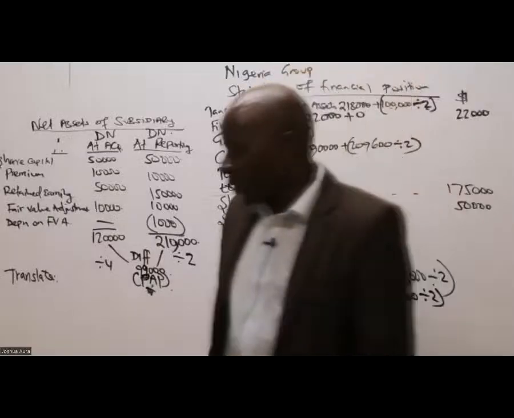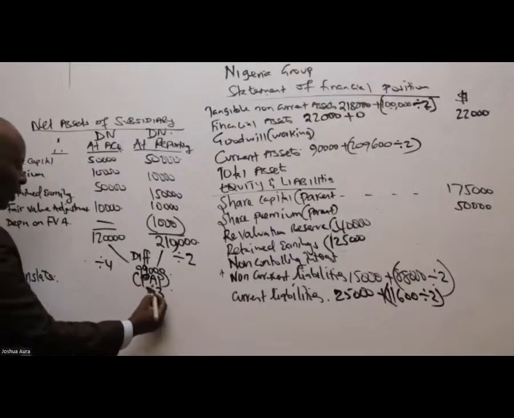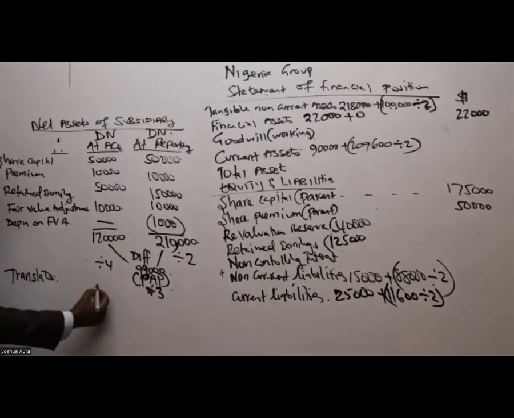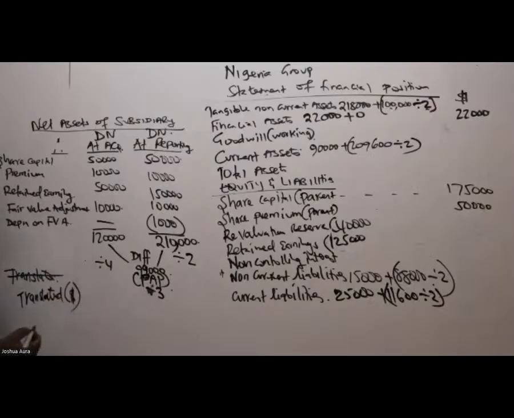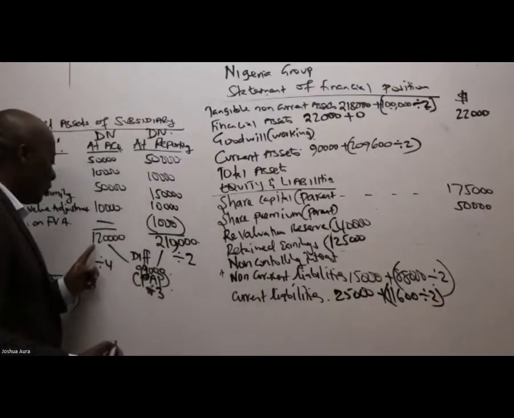So could you kindly give me these translated figures, somebody? Give me the net assets at acquisition, how much I write here. So I want to write the translated figures here, translated using different rates. Now I'm talking of dollars. So what is 120 divided by 4?